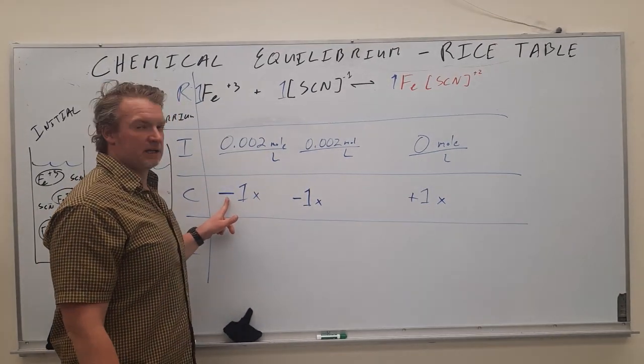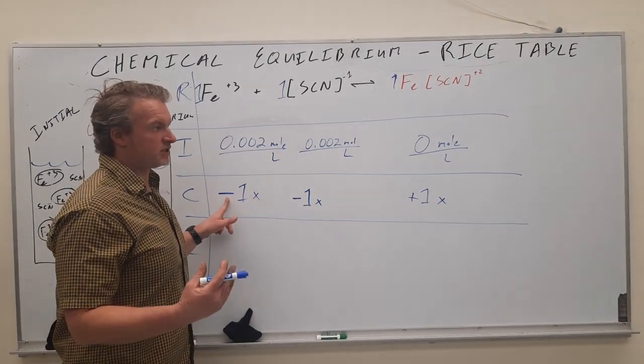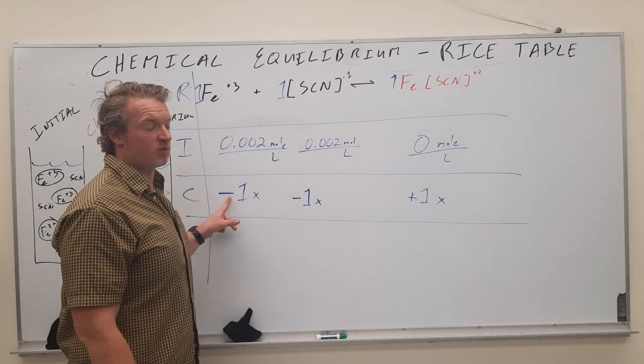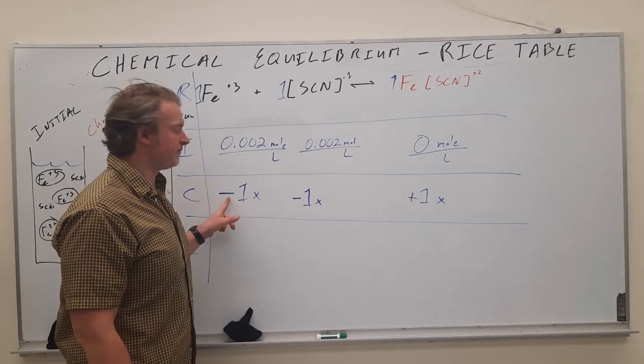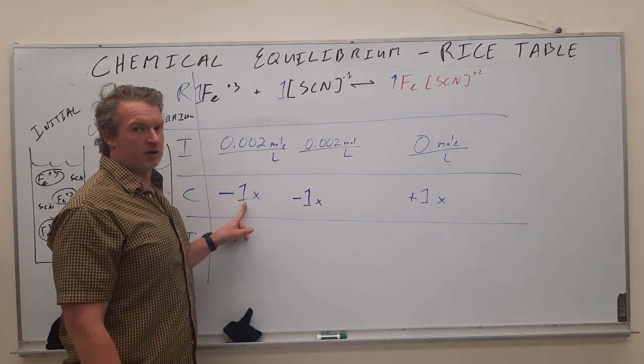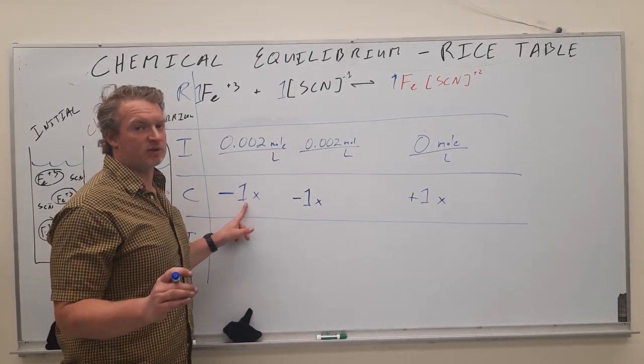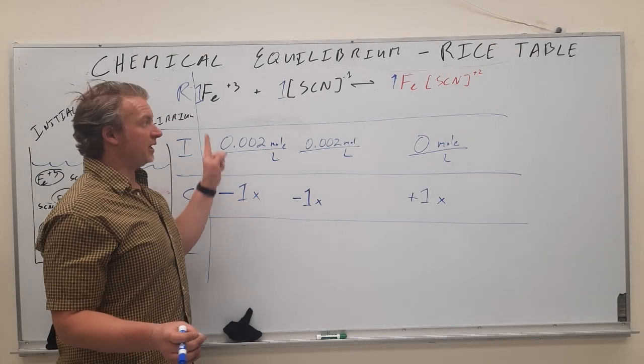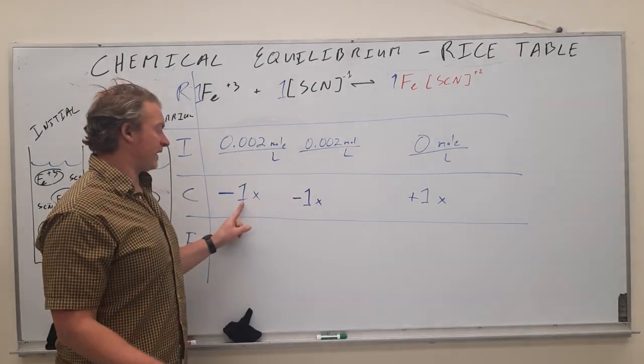The negative sign is meant to describe what direction the concentration is going to change, whether it's a reactant or a product. This number here is the same type of coefficient from the balanced chemical reaction. I didn't make this one up. It came from the balanced chemical reaction.